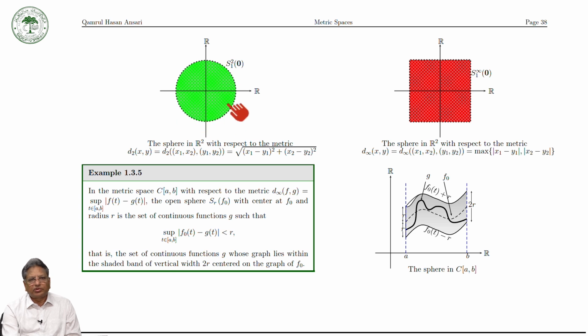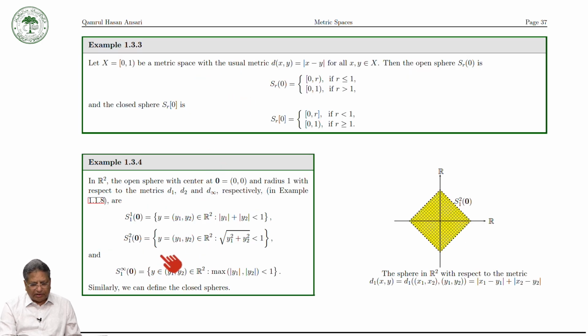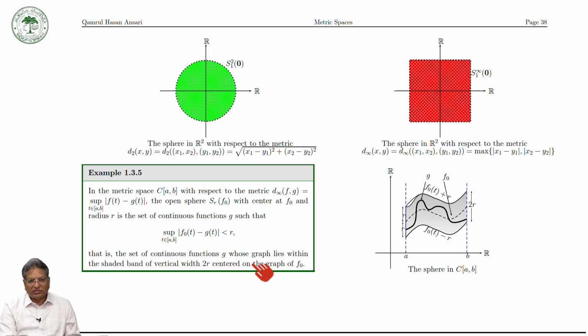Now if we consider this metric, the open ball with respect to the max metric, with center at origin and radius 1, is equal to this one. So you see that only if we are considering the usual metric do we get a disk. Otherwise, the shape is quite different in R2.